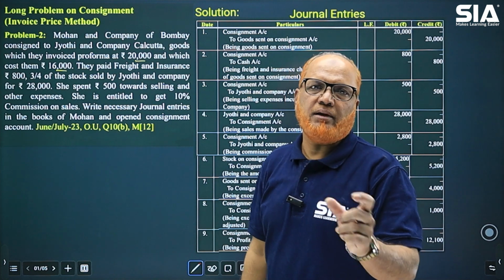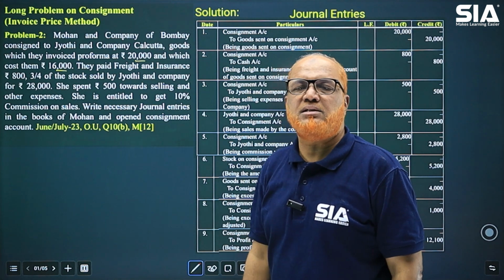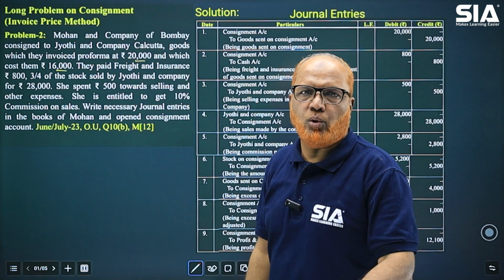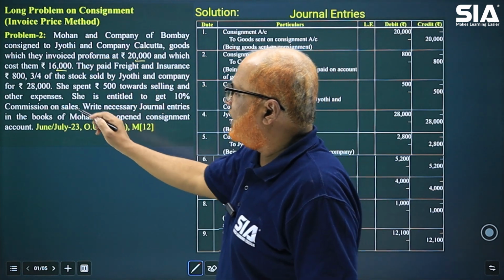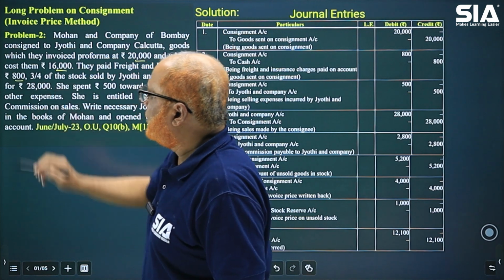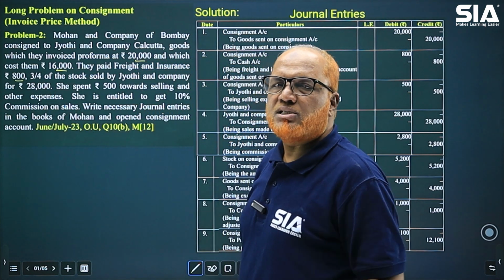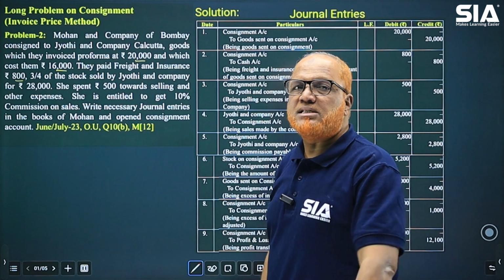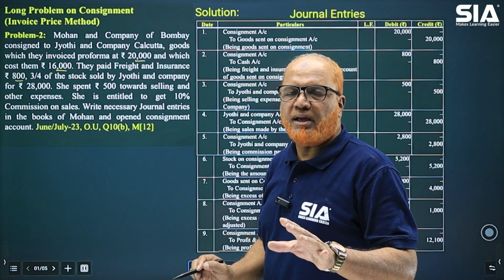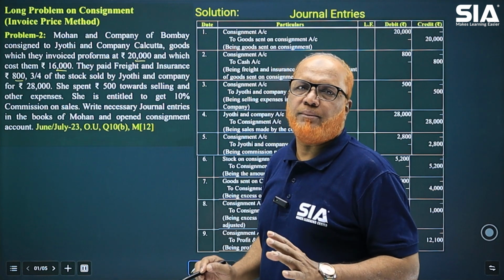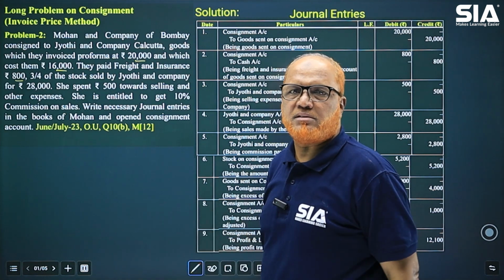So total loading is 20,000 minus 16,000, 4,000 total loading. They paid freight and insurance 800 rupees. 800 is the expenditure incurred by the consignor. Remember, always the expenditure incurred by the consignor is the direct expenses only, non-recurring expenses.